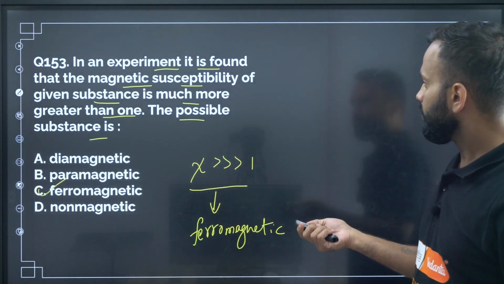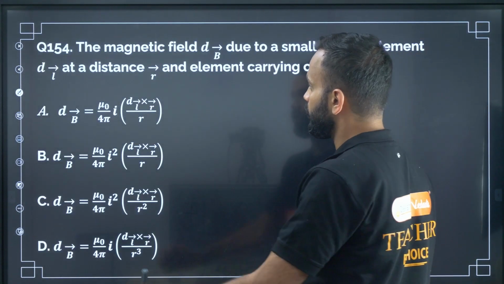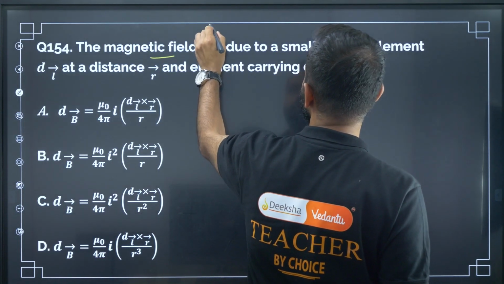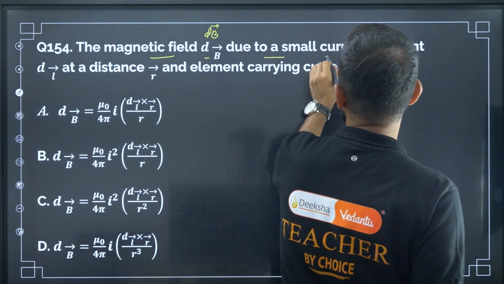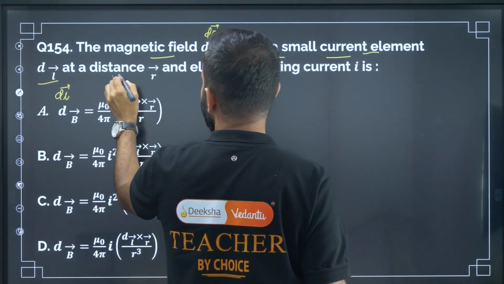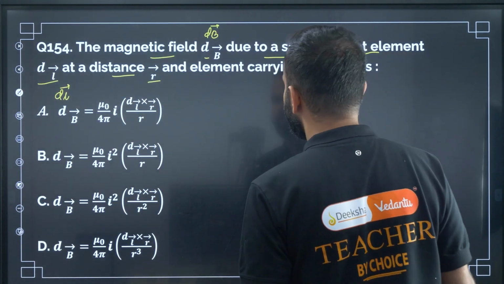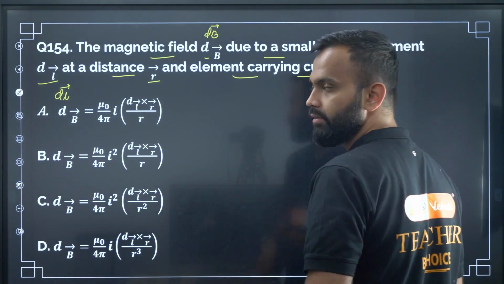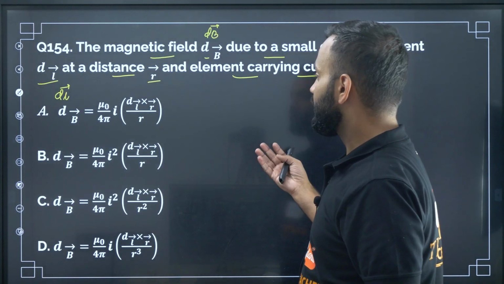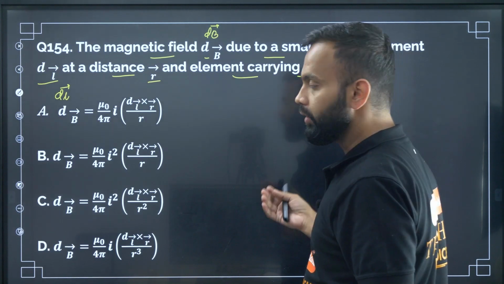Question number 154. The magnetic field dB vector due to a small current element dl vector, at a distance r vector, and the element carrying current I is. They are asking the Biot-Savart law.